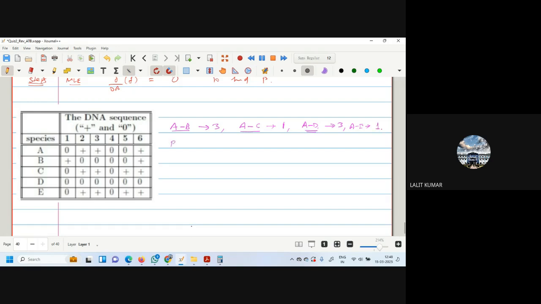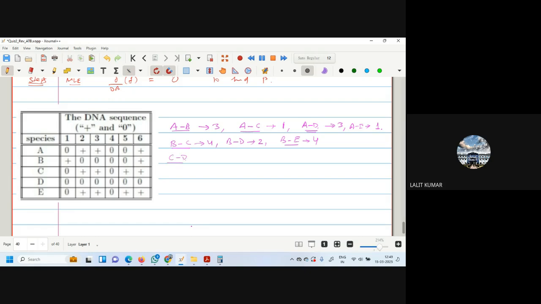Now we try to find B to C, because we have done A to B. B to C: 1, 2, 3, 4. B to D: 1, 2. B to E: 1, 2, 3, 4.